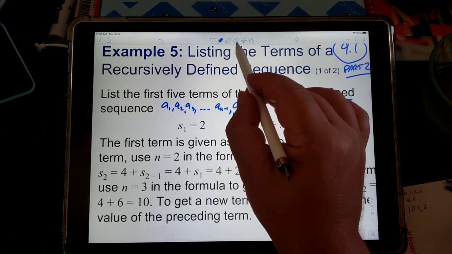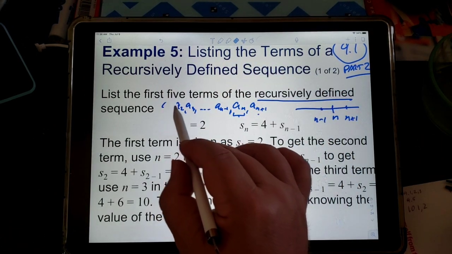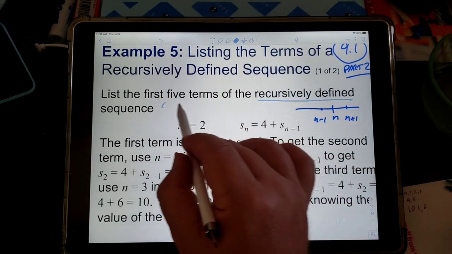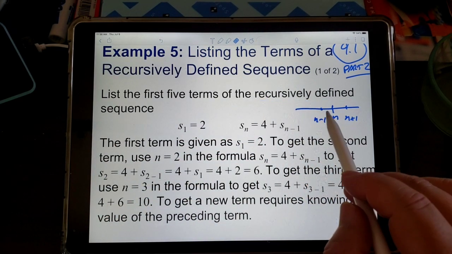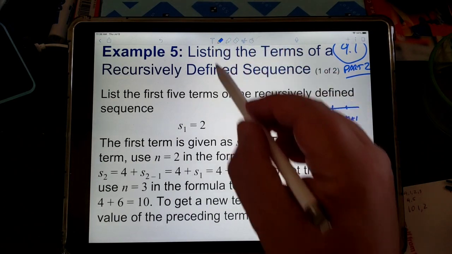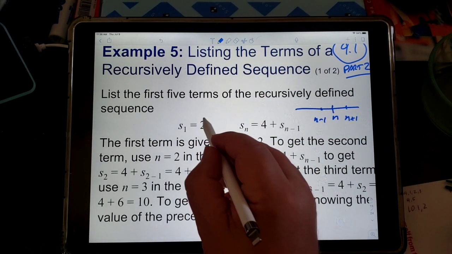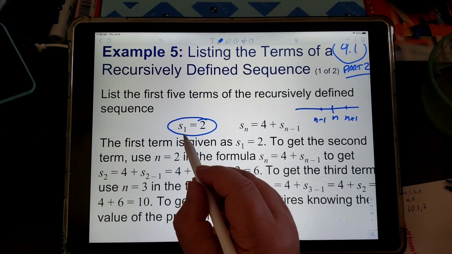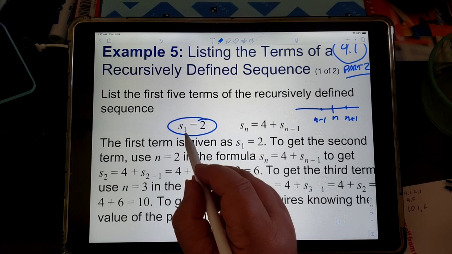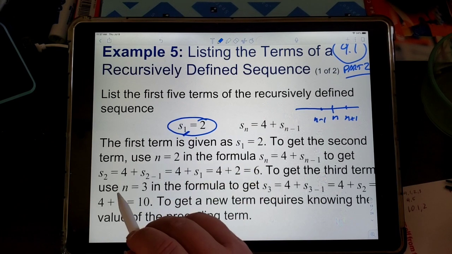So if that's true, what does it mean to define a sequence recursively? Well, you have to be given two things. You have to be given a starting term, and hopefully it's a starting term. Technically speaking, you can be given any term. You can be given the 17th term. It doesn't really matter what term, but usually we say the starting term.